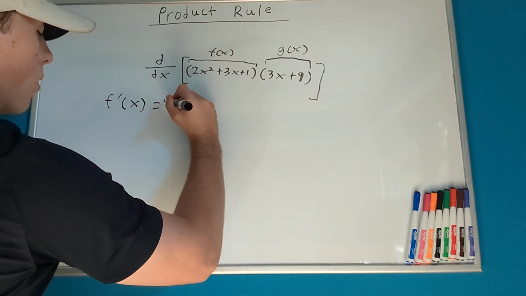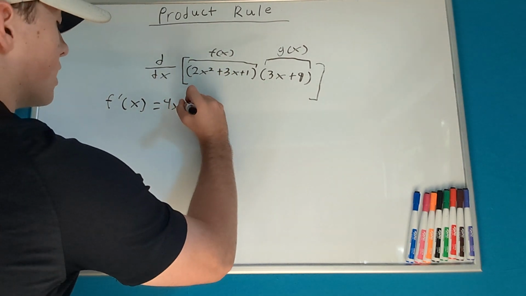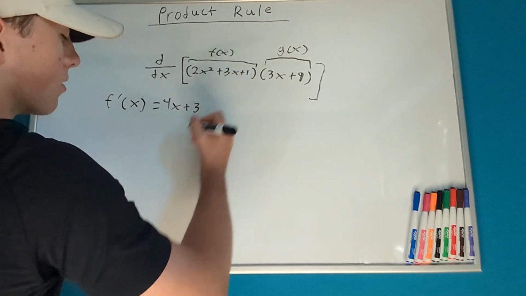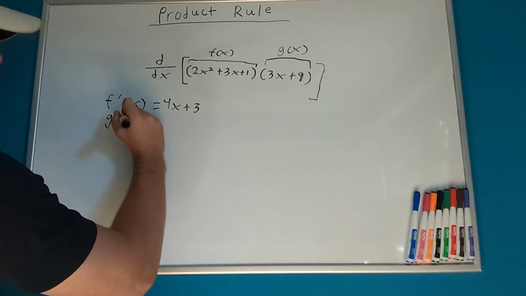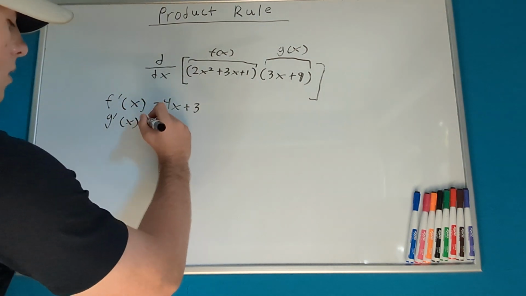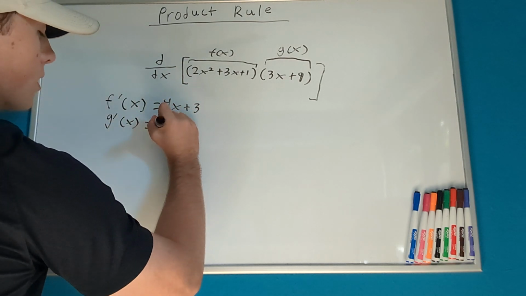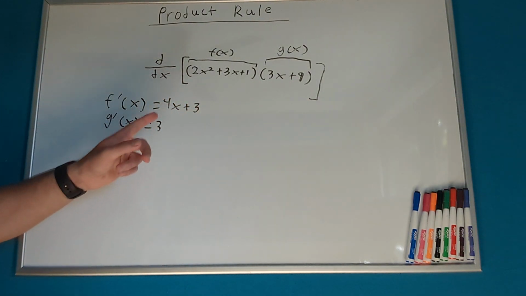So we get 4x. Then over here, the derivative of 3x is just 3. Then the derivative of a constant is 0, right? And then let's find g prime of x. So that equals, well, the derivative of 3x is 3, and the derivative of 9 is 0. So g prime of x will equal 3.